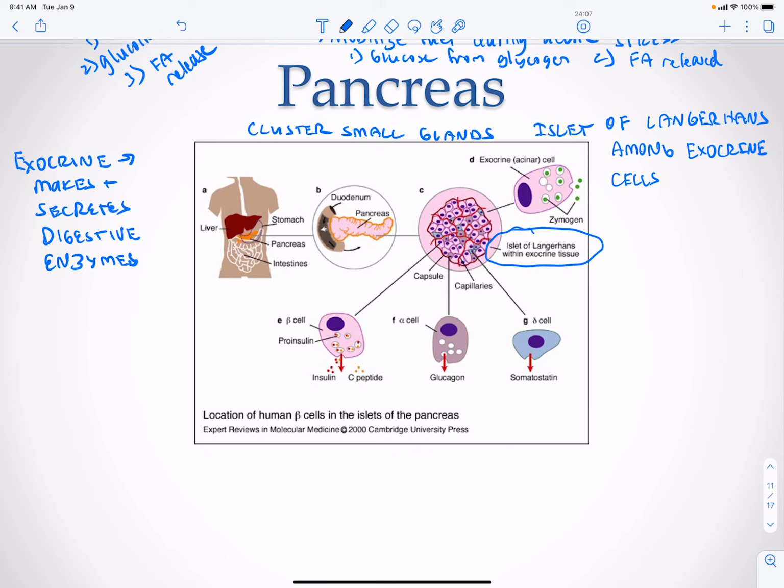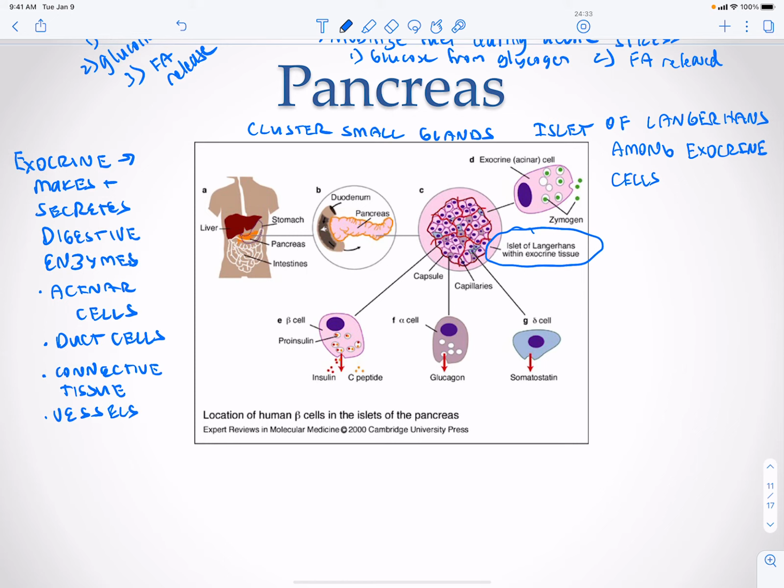And these are going to be the acinar cells and the duct cells, and also connective tissue, vesicles, and nerves. And so this is going to make up about 95% of the mass.